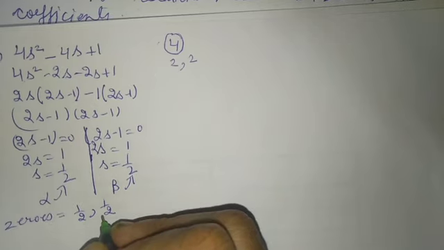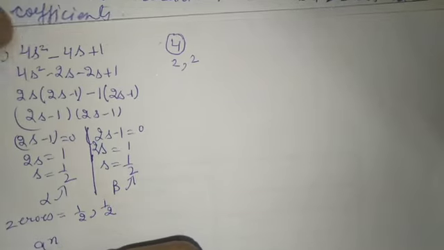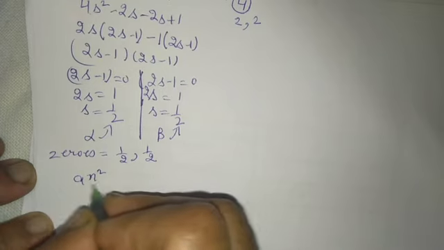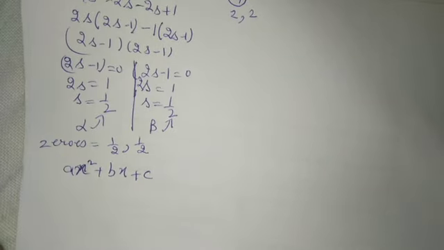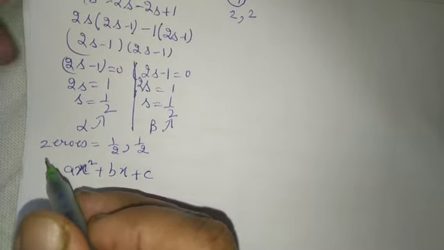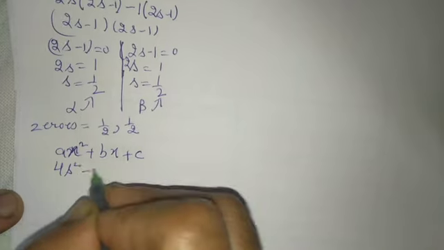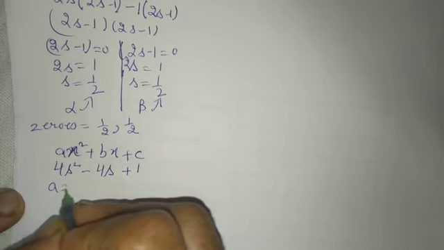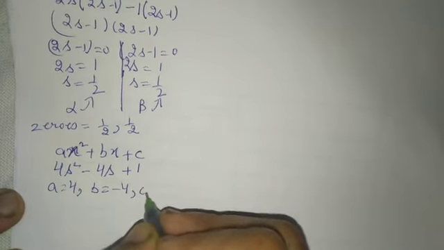Now let us write the standard form of a quadratic equation, that is ax square plus bx plus c. Now let us write our quadratic equation which we have, that is 4s square minus 4s plus 1. So a here is 4, b here is minus 4, and our constant term is 1.